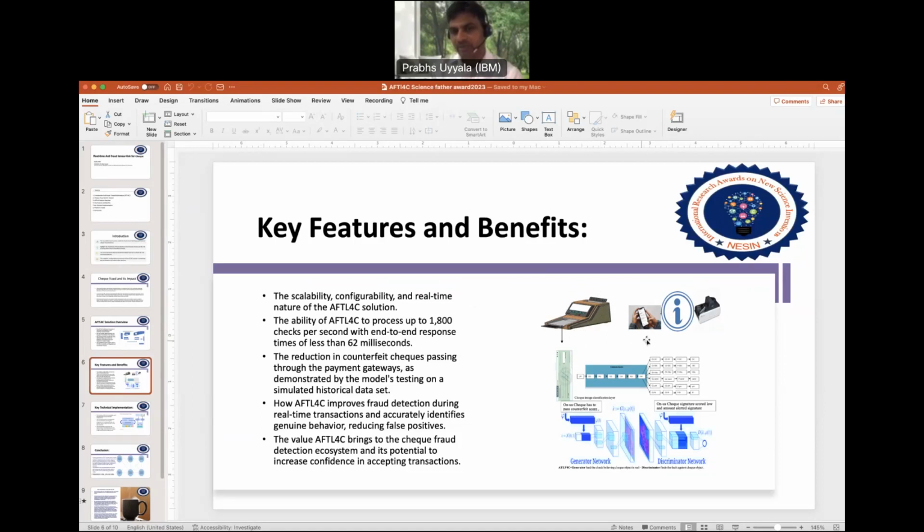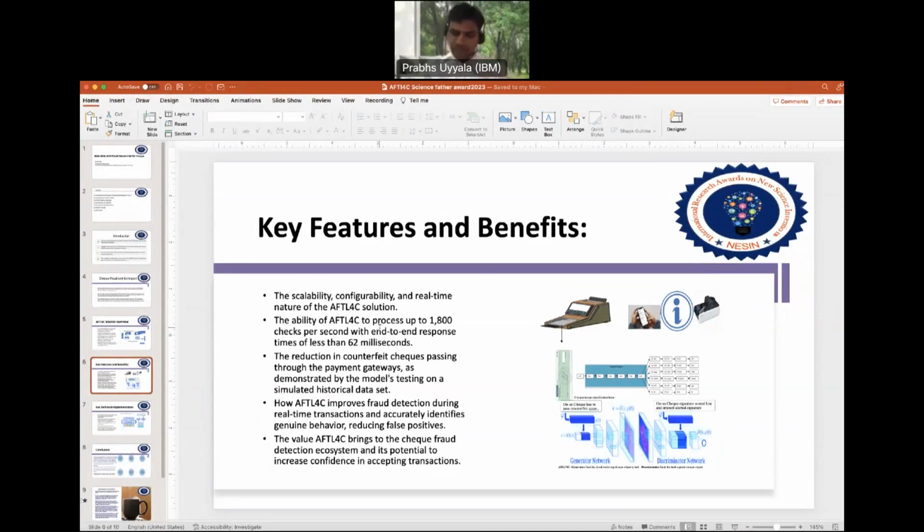When the check is scanned through this machine, or through the mobile application, it goes to the generative adversarial networks, processes through the specially built algorithms, and completes the fraud detection. It identifies what kind of fraud has occurred. If anybody modifies the name of the account, it will identify that. If somebody forged the signature, it compares against the historical data, and based on pen strokes and writing styles, the machine detects whether it's a forgery.